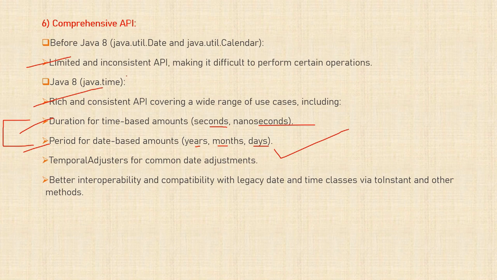So like this you will get the difference between your start date and end date, that means your date of birth and today's date. You are going to differentiate between your date of birth and the current date. So you can achieve that with the help of Period.